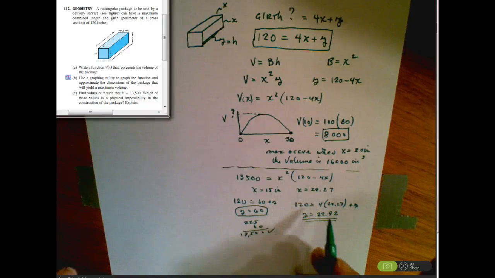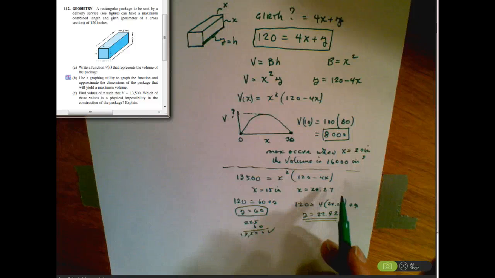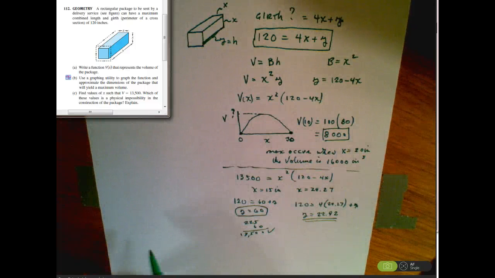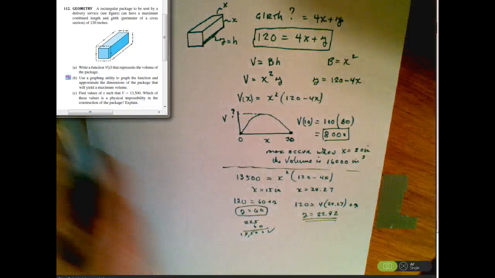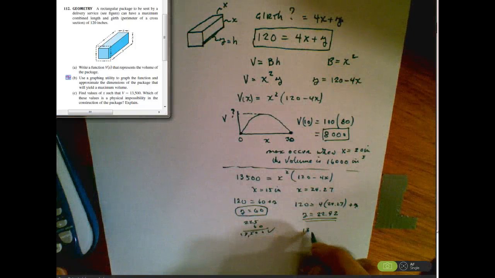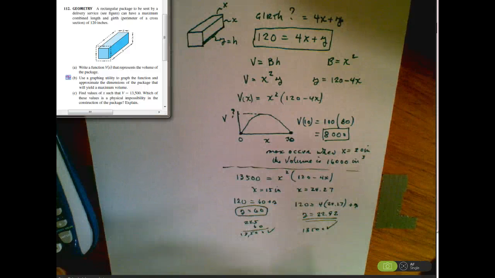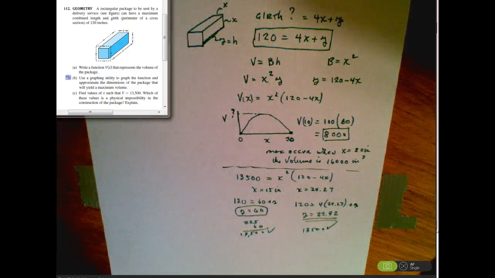And if I do the 24.27, I'm going to square that number and times it by 22.92, and I seem to get 13,500. So that appears that those would be my dimensions for the package that would give me a volume of 13,500.